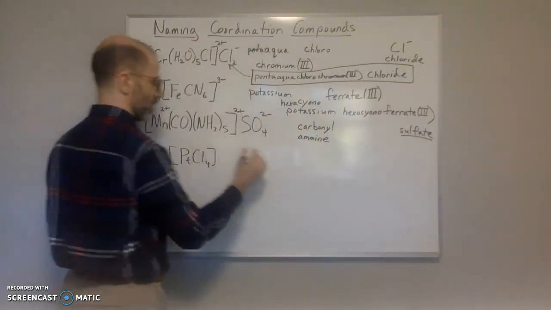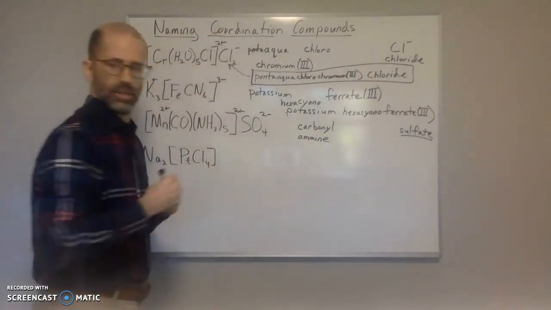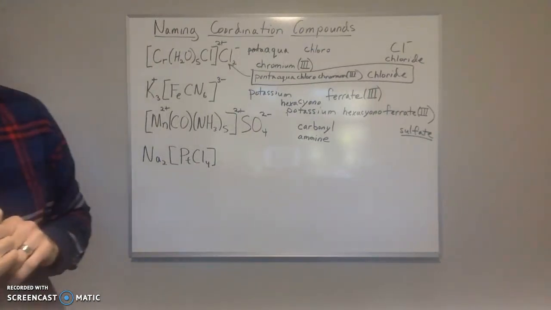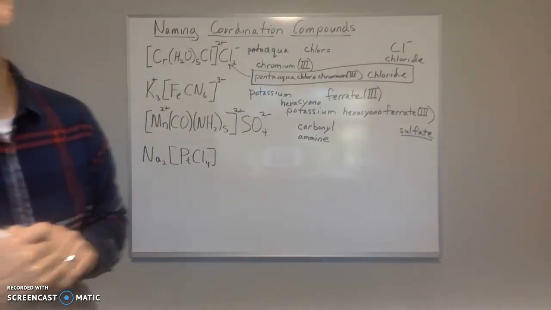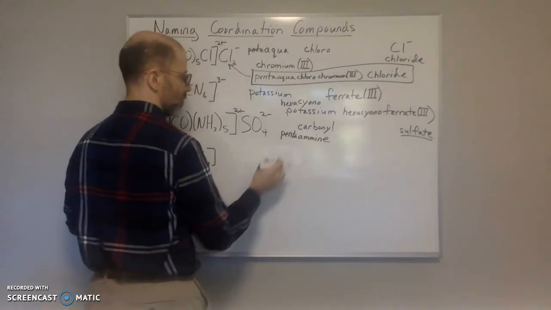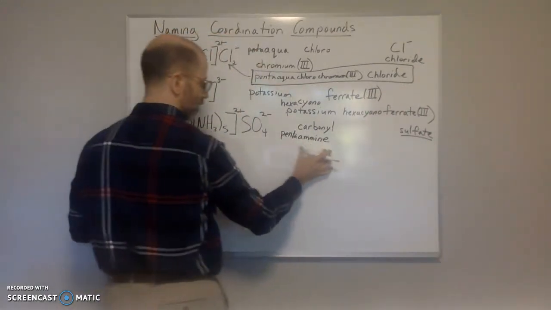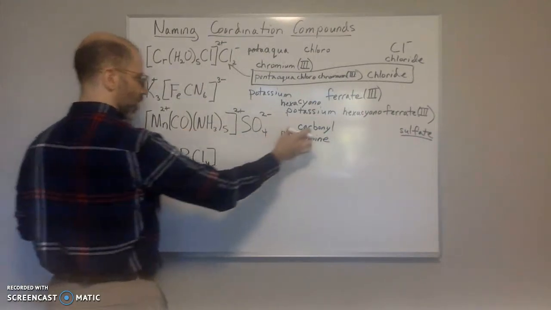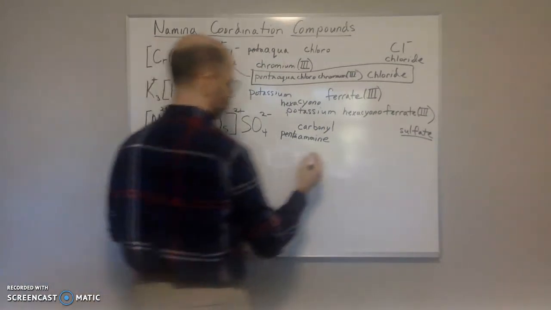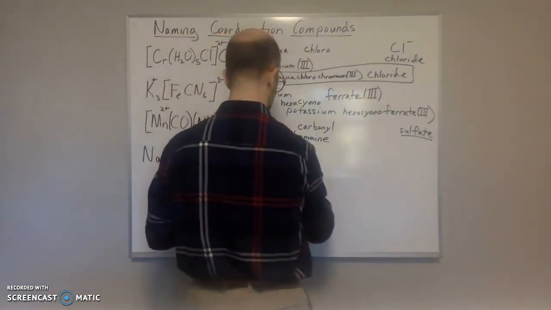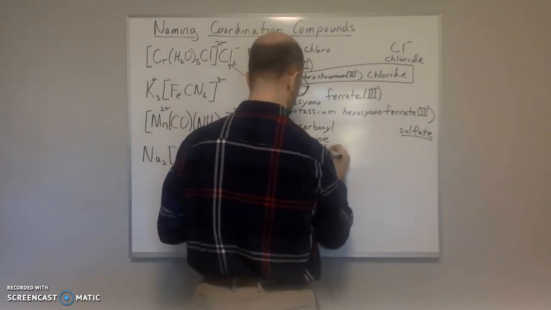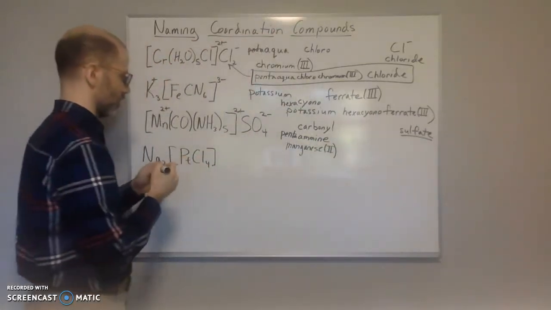We have 5 of them, so it's going to be pentaammine. We've got our carbonyl for this, and now we name this. This is going to be manganese(II), which is the name of the metal.